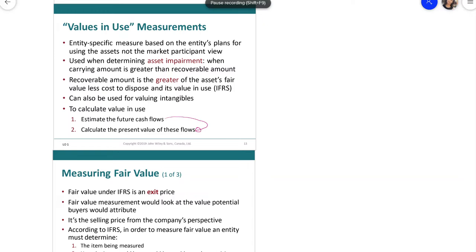So that's another way of calculating the value in use, by having these two estimates available to us. Sometimes we have future cash flow estimates, and we want to calculate the present value of those estimates to find the value in use, and then we do asset impairment in that case.